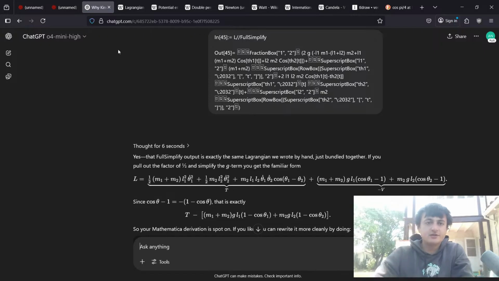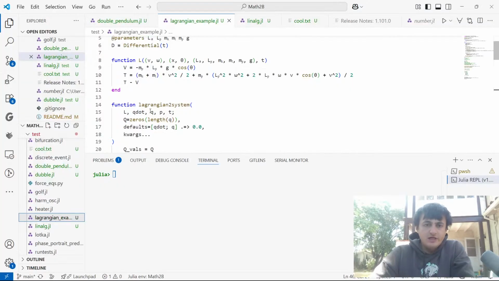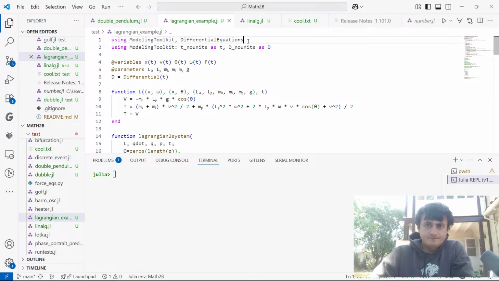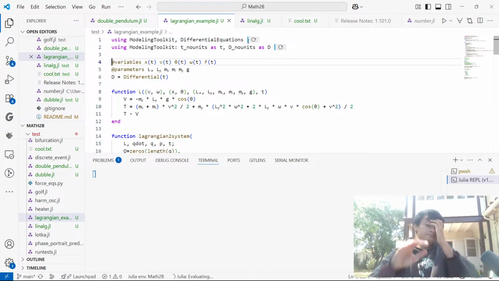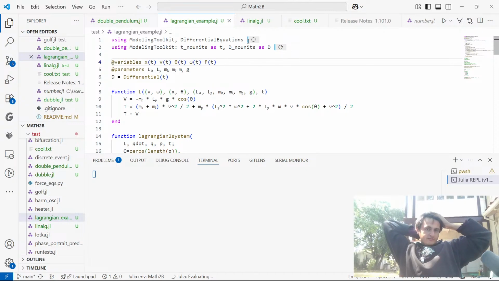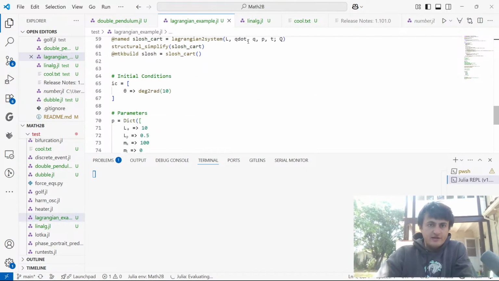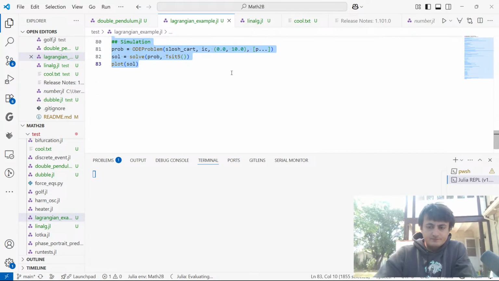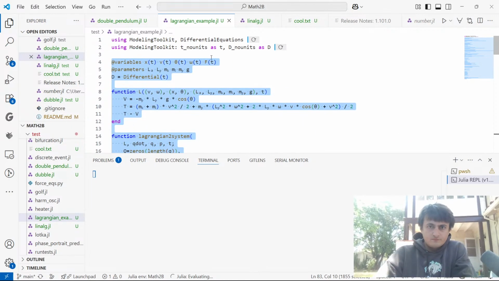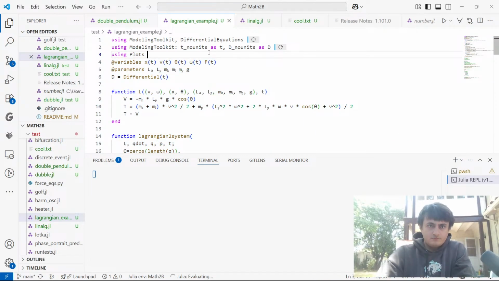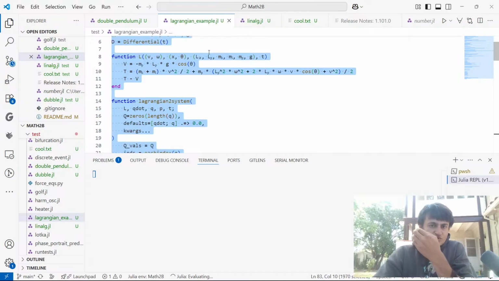Okay, so it's time to get it into Julia. So first we're going to simulate this system, so let's just try to do that. Try to run the whole thing.